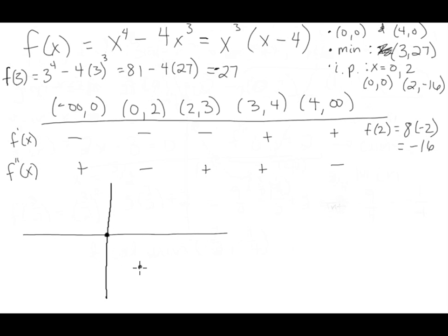So I'm going to put (2, -16) right there. And I'm going to come a little bit farther down and get (3, -27).